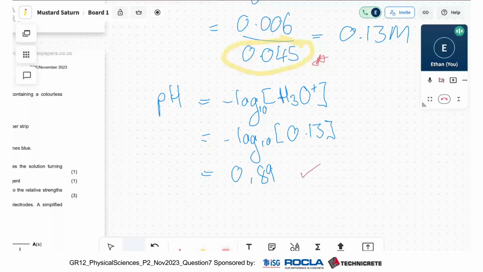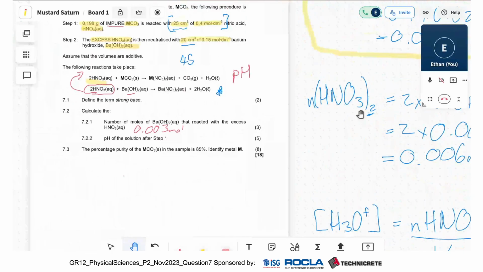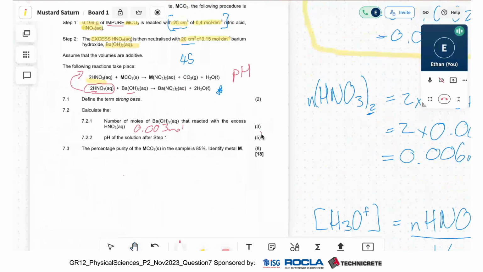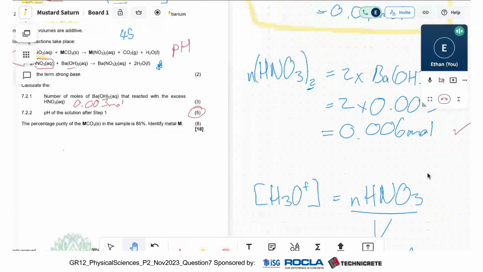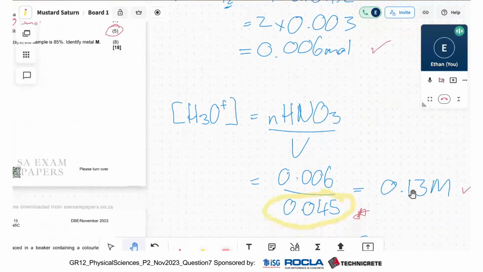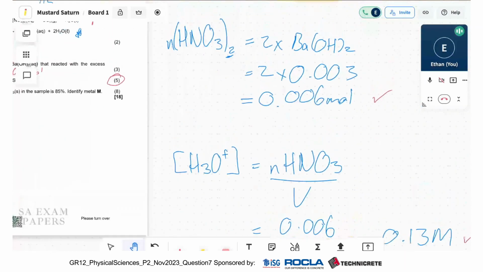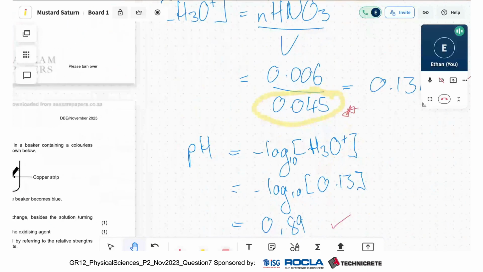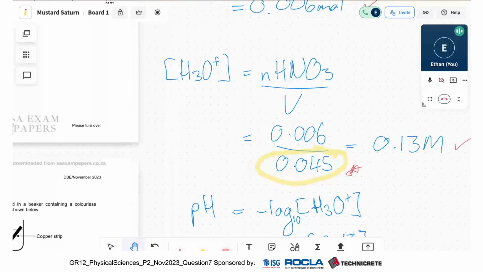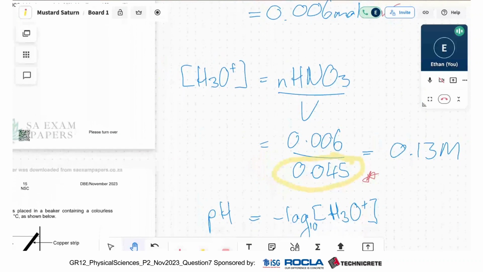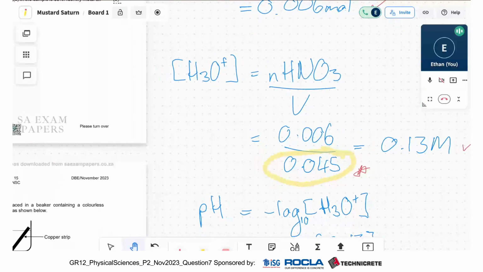And that gets you your 5 marks. So it's a really big question. There's three steps to it. The tricky part is figuring out the new volume of all your solution. I think many students would make the mistake of calculating the new volume with 25 and not 45. You might still get part marks if you do the rest of the question correctly, but you won't get full marks. This is definitely the trick to the question.